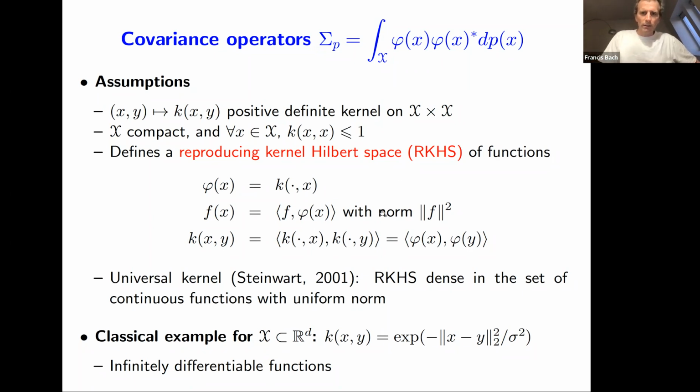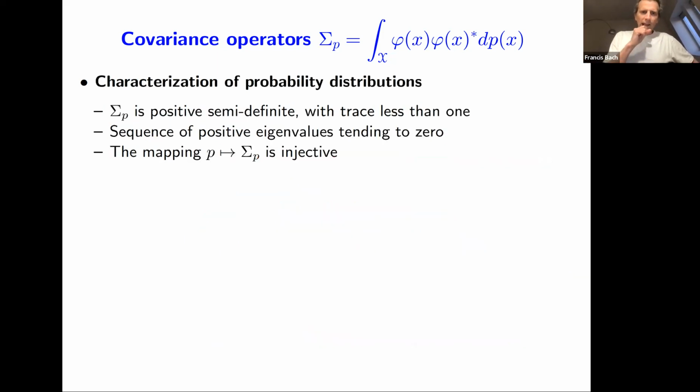Note that phi of x will sometimes be explicit, or sometimes only implicitly defined through the kernel. You know there exists some phi of x, but you will actually never build it. So this is a covariance operator, which is a classical tool in statistics, and it has some properties. As I've mentioned, it is PSD.